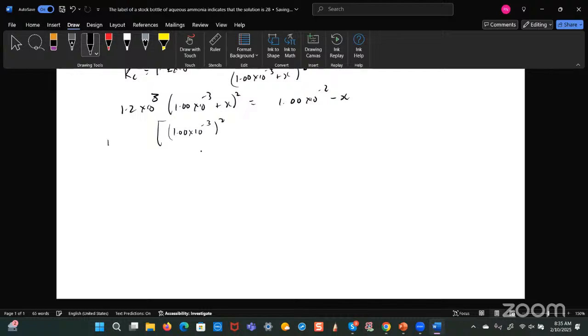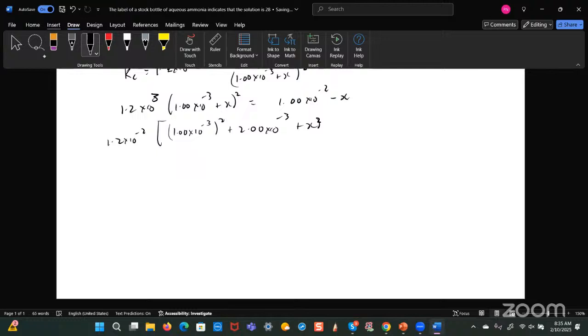I'm going to put the 1.2 times 10 to the 3 outside the square parentheses, and then I'm going to work out what this is equal to. This would be equal to that multiplied by itself, then that multiplied by x, and there will be 2 times that, so that would be plus 2.00 times 10 to the minus 3 x plus x squared.